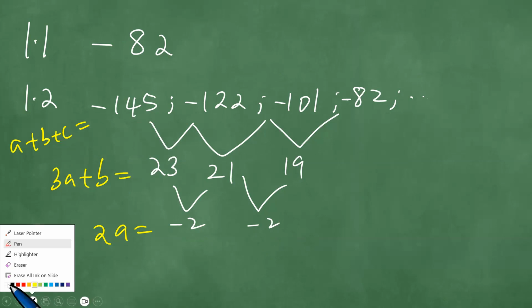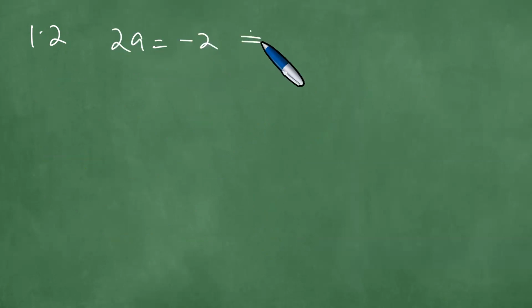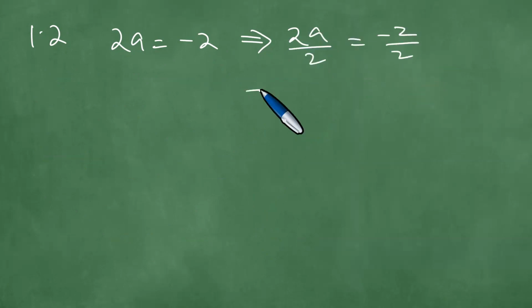So now, dealing with quadratic sequences, 1.2: 2a is minus 2. To get a, you divide 2a by 2, so a is minus 1.